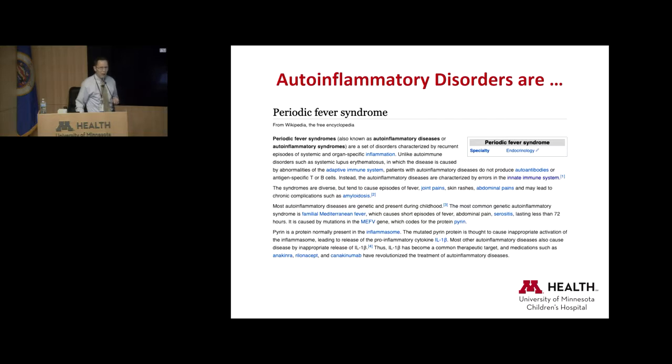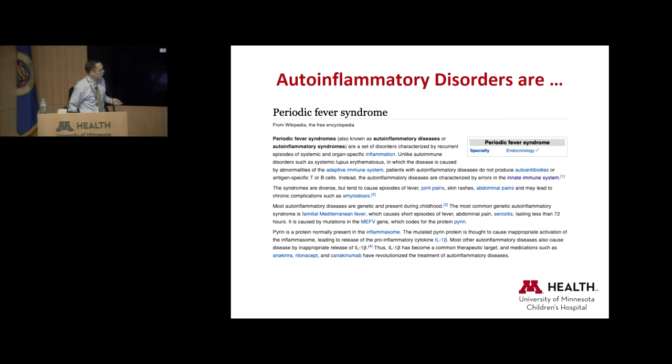Most of these are genetic, and they mostly do start in childhood, but that is changing dramatically. We're now recognizing adults with their initial presentation due to mosaicism. And while the early conditions that were identified, such as familial Mediterranean fever, are associated with a particular complex of proteins known as the inflammasome, we're now having a variety of pathways of inflammation that are leading to pathology.